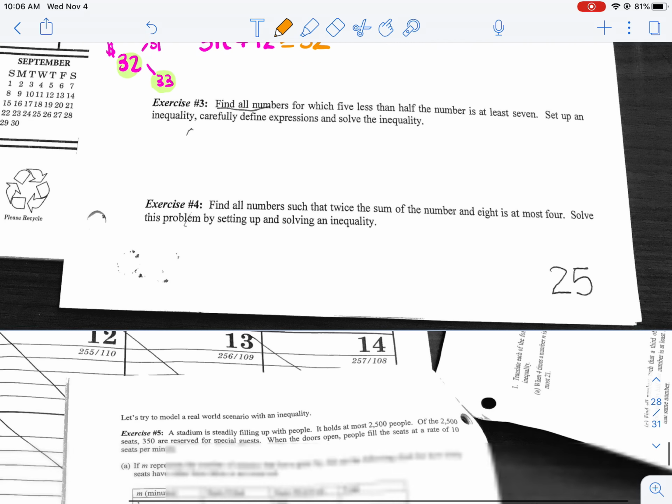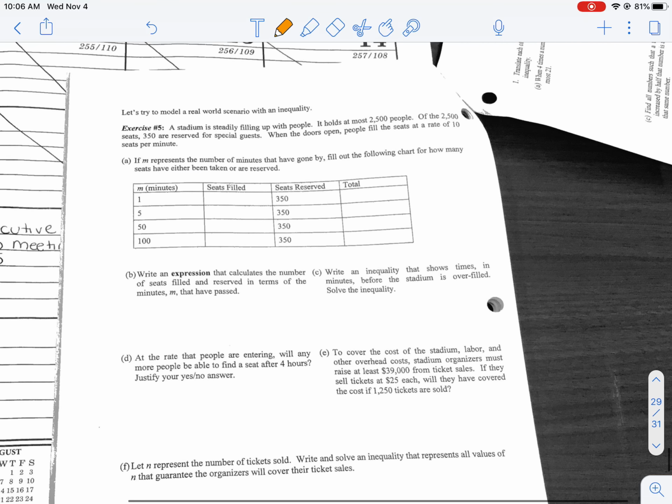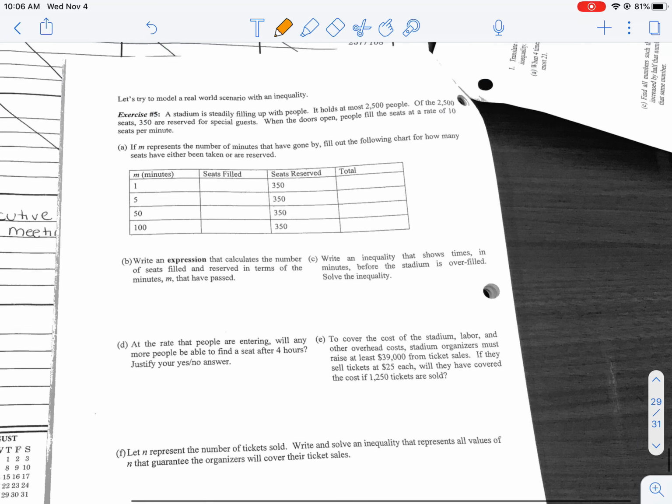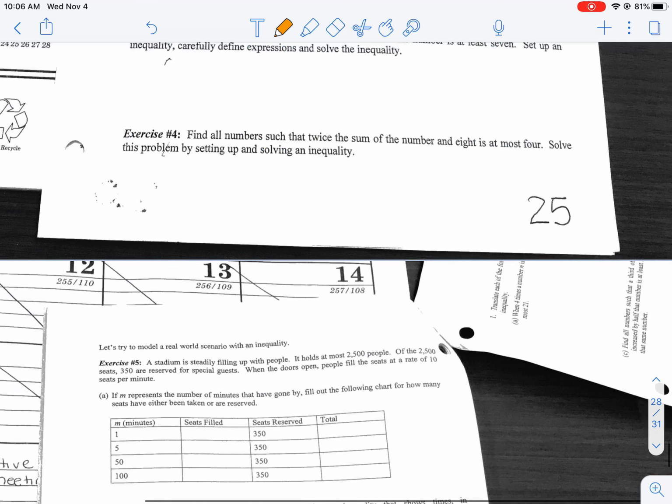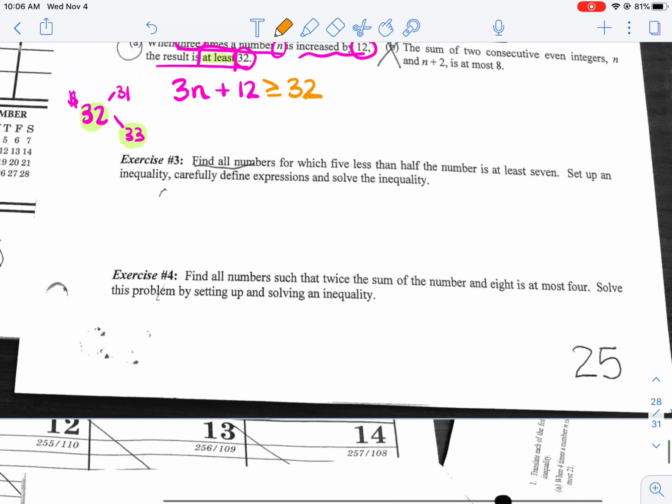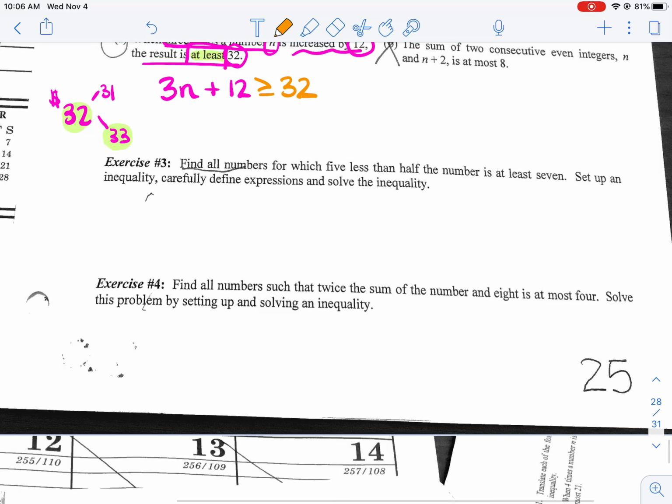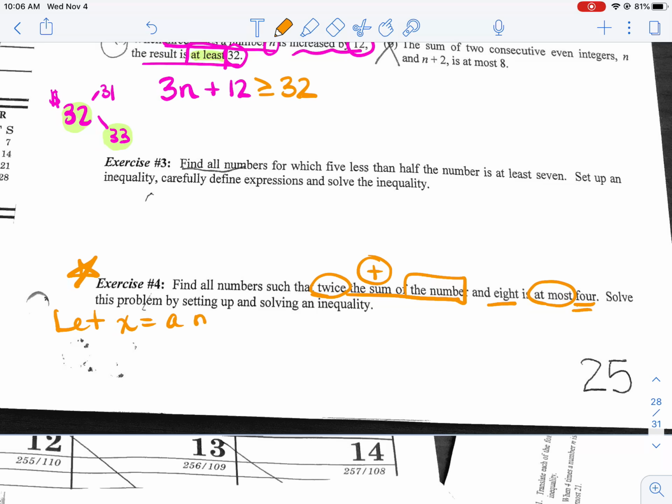Let me go to the next page. Actually, I don't think we want to do page 26. I think we just wanted to do one more down here. So let's do example 4 and then we'll call it a day. Find all the numbers such that twice the sum of the number and 8 is at most 4. Sum is adding. We don't have a variable, so we start off by saying let x equal a number.